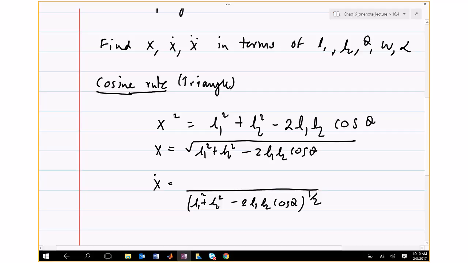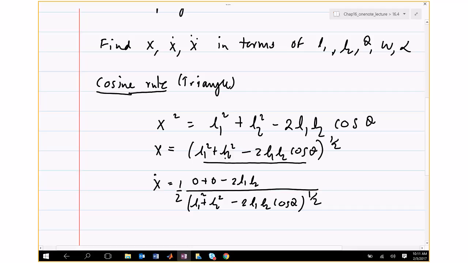So there's a half first, then half minus 1, which is minus half, and then the derivative of the whole thing, which is derivative of L1 square with respect to time is 0, plus 0, minus 2L1 L2.